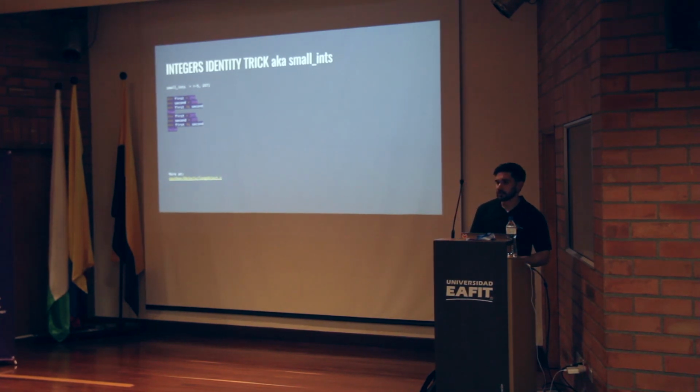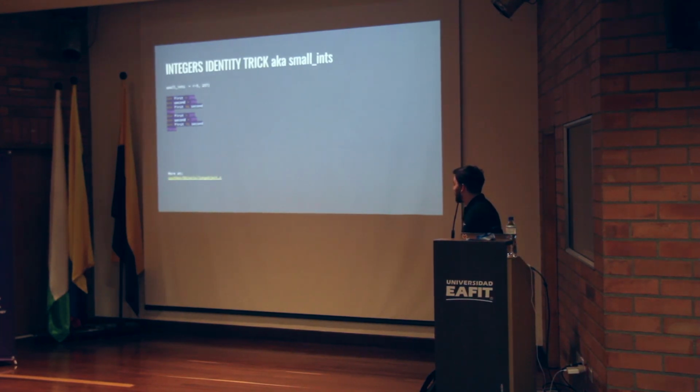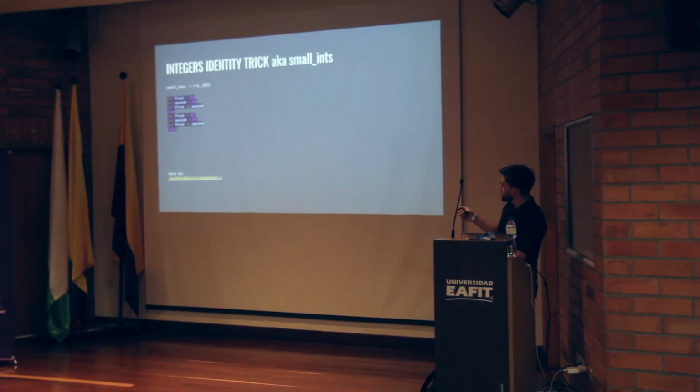If you want to ask why, well, that's because the Python core maintainers decided it was the best way. These are the most used integers, and you want to save the performance overhead of creating new integers, so you rather create them at the start and always use the same object. If you are interested in how those integers work, you can visit CPython again, and the code is in a long Objects C file.